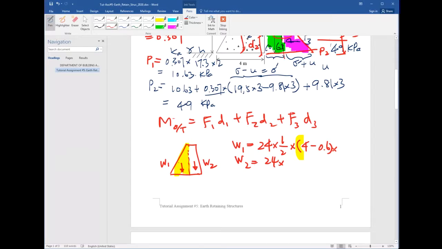And then times 5. So that is 4 minus 0.6. That is 0.6, right? So what's the area of the rectangle? 24 times 0.6 times 5, right? So you got the total weight, W1 plus W2, right?